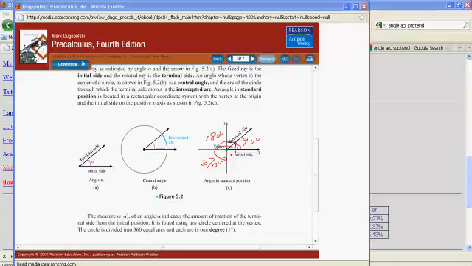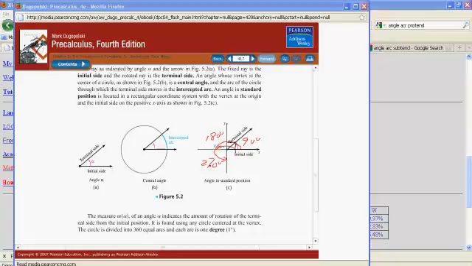And for all those quadrantal angles, their terminal sides are on one axis. For example, if you have 0 degrees, then the terminal side is on the positive x-axis. If you have the right angle, 90 degrees, then the terminal side is on the positive y-axis. If you have the straight angle, the terminal side is on the negative x-axis.